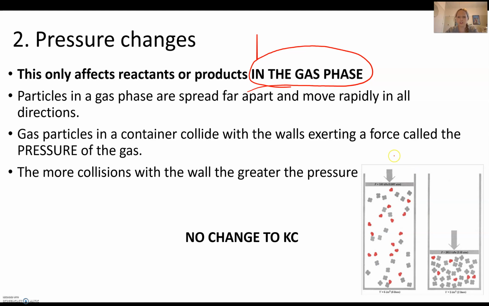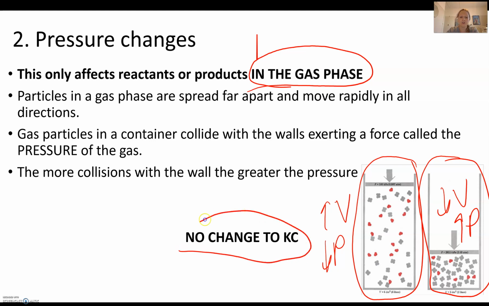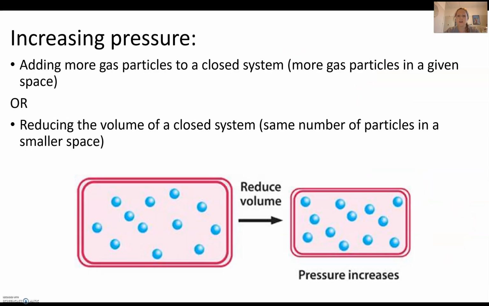If you look at these two situations here, same amount of particles in each of these vessels, except this vessel has a much larger volume, and because it's got a much larger volume, it'll have a lower pressure, whereas this system here has got a much smaller volume and therefore a much greater pressure. Now again, just like concentration, this will not affect Kc because the changes are relative. If the concentration of product goes up, the concentration of the reactant goes down, and so it always evens out.